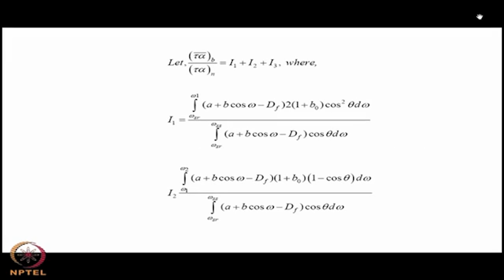So, now if we recall and use the correlations, h is constant in the numerator and denominator, it gets cancelled.